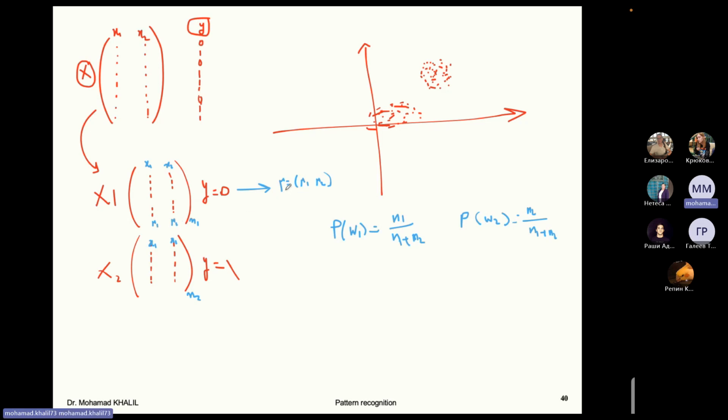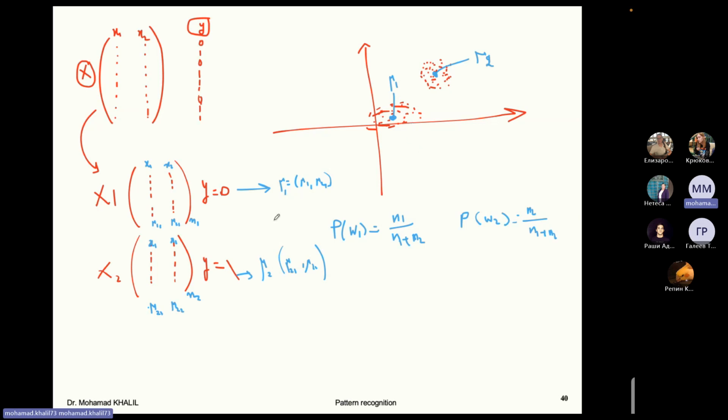So mu1 is (mu11, mu21), and for class 2 you estimate mu2, which is (mu12, mu22). That means you have the mean here and the mean here.